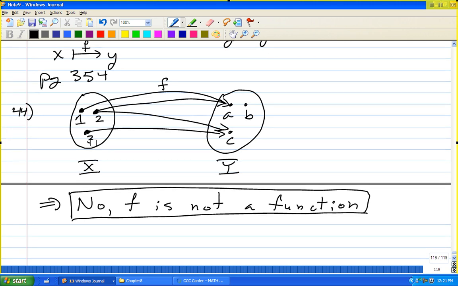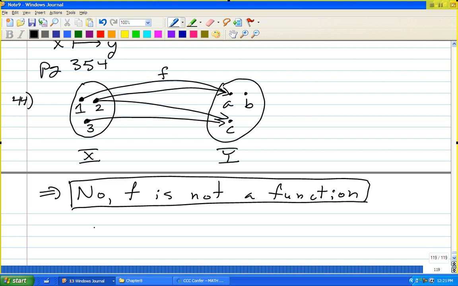And so notice that in this case, the fact that 2 goes to 2 different things, that's bad. Okay? And so that's the error here. If I look here under my X's, and they go off to 2 different objects, then this is something that's not allowed.